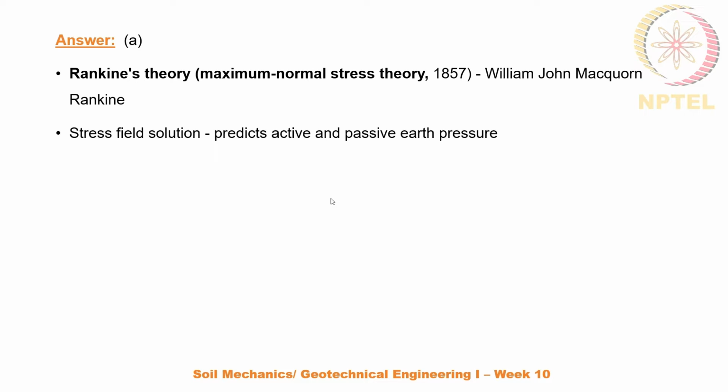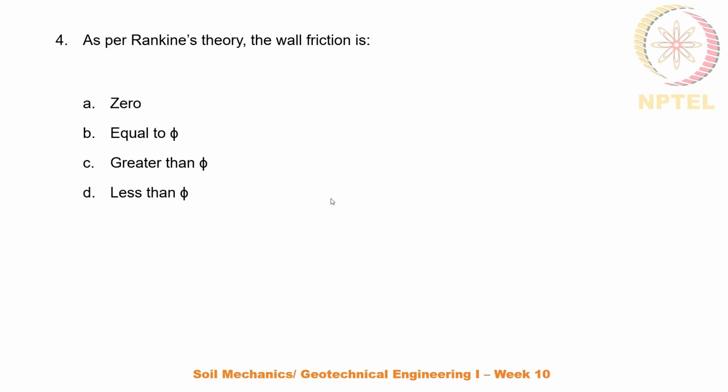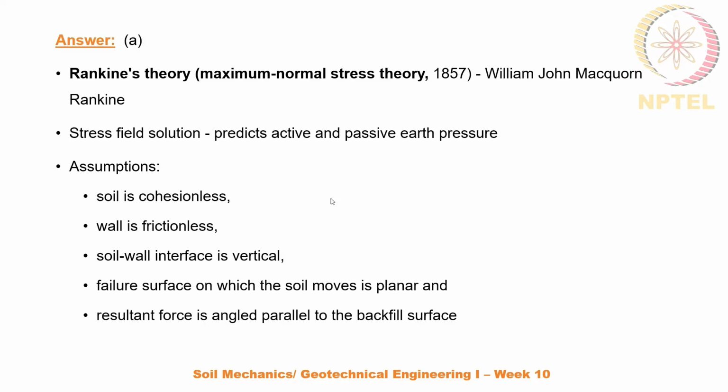That is, it predicts the active earth pressure as well as the passive earth pressure. As with all other theories, there are some assumptions or limitations for Rankine's theory also, whereas it considers the wall as frictionless. So, that is why the wall friction is zero.